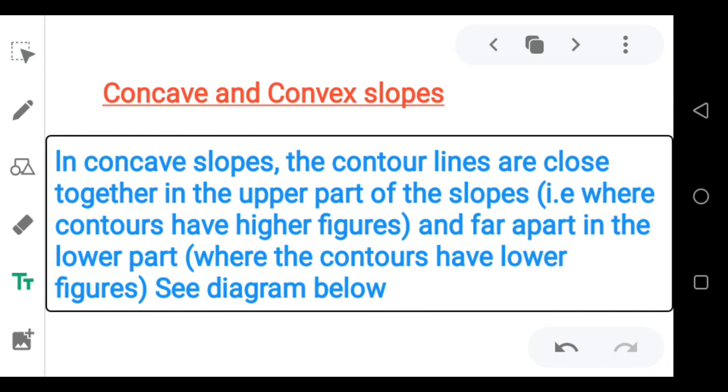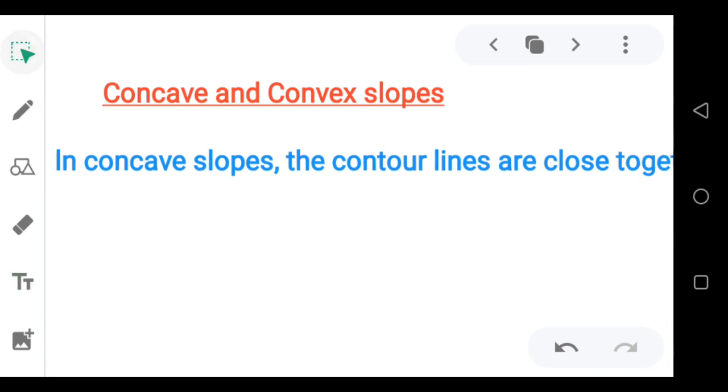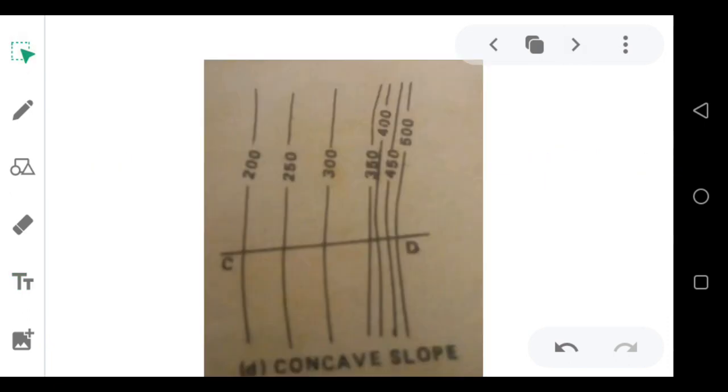Let's see the diagram below. Can you see the contours? They are far apart in the beginning, then close together towards the end. Now look at the values.